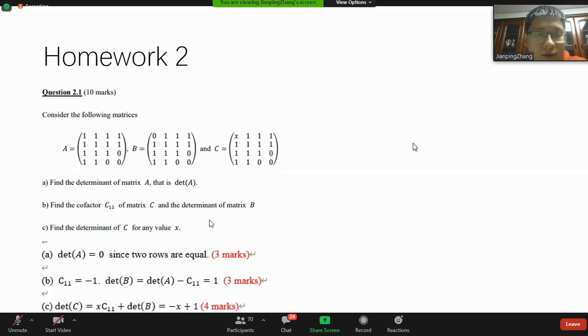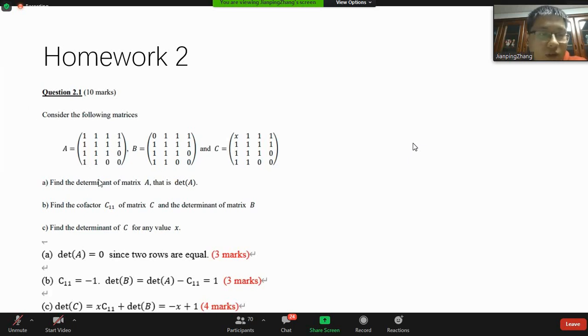And then to get the determinant of matrix B, you observe that between A and B, the difference is only the left top corner element. The element is different.